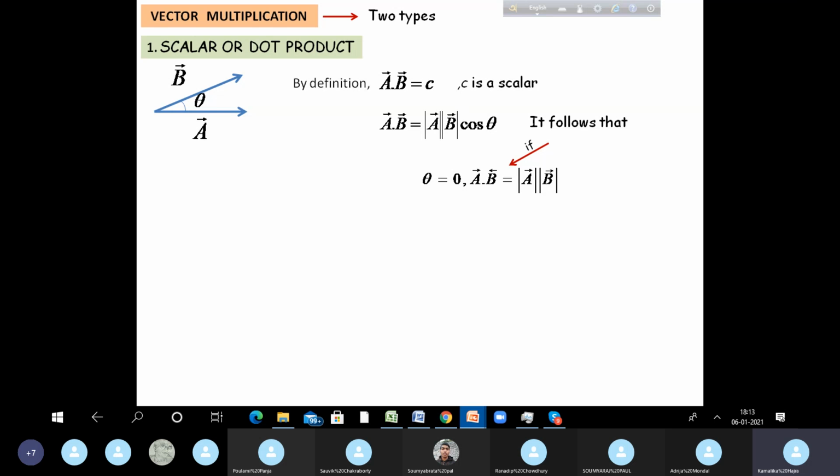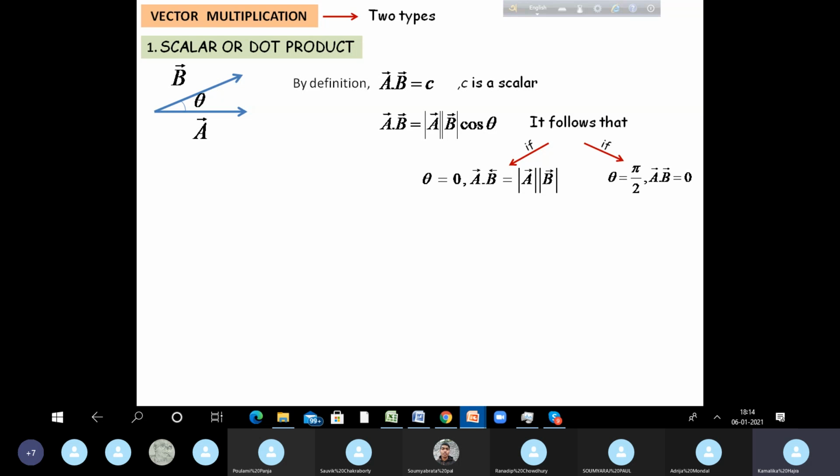Please do not think anything about this oppositely oriented arrow over here. It is a typing mistake. So if the two vectors are parallel, then from the definition of dot product, A dot B is simply the product of the magnitudes of the two vectors.